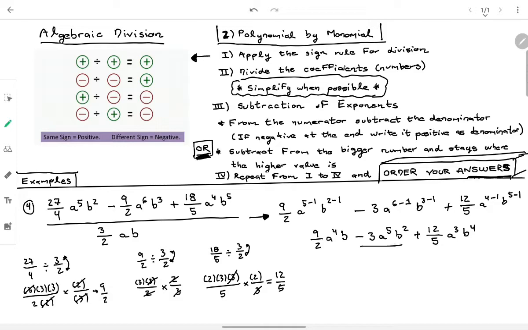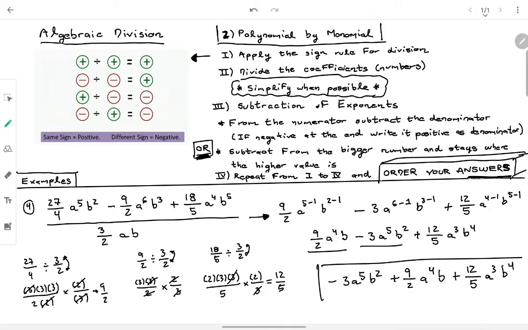Remember, descending order of power. So this is going to be the first one. The second one is going to be this one. And finally, 12 over 5 of a cubed b to the 4th. And this is going to be our final and ordered answer.